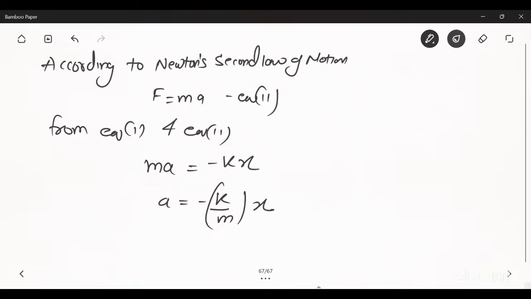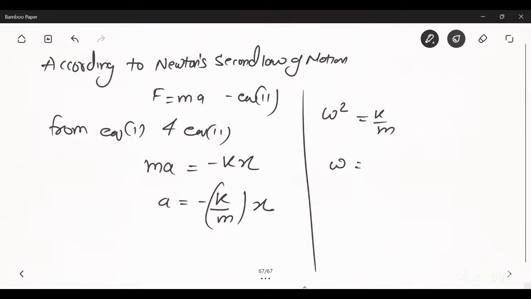So minus k upon m is equal to omega square. That's why omega square is equal to k upon m.